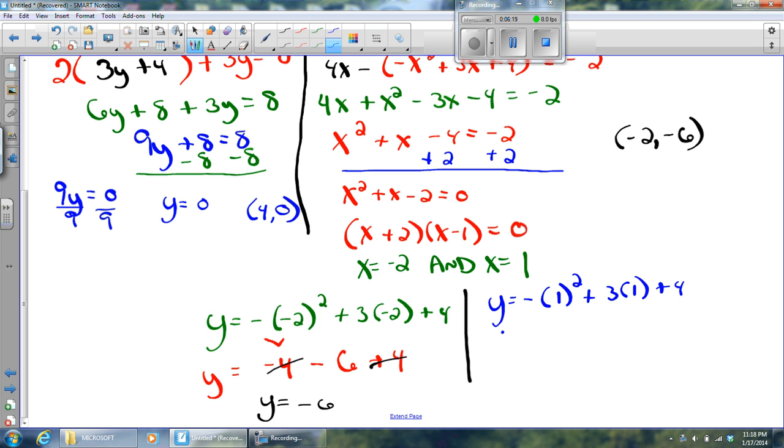All right, I'm going to get y equals, 1 squared is 1, make it negative, plus 3 plus 4. Looks like that's going to equal 6. Seven positives, one negative, 6. So the other place that they will cross will be at the point (1, 6). And there we go.